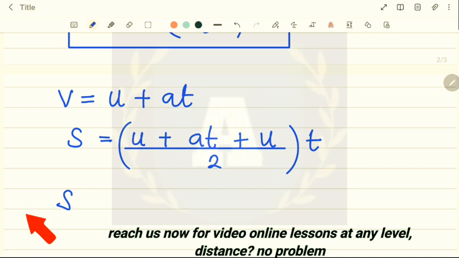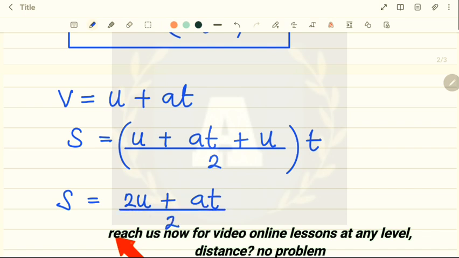So that's going to be s equal to 2u, that is this plus this, then plus at, all over 2, into the bracket of t.